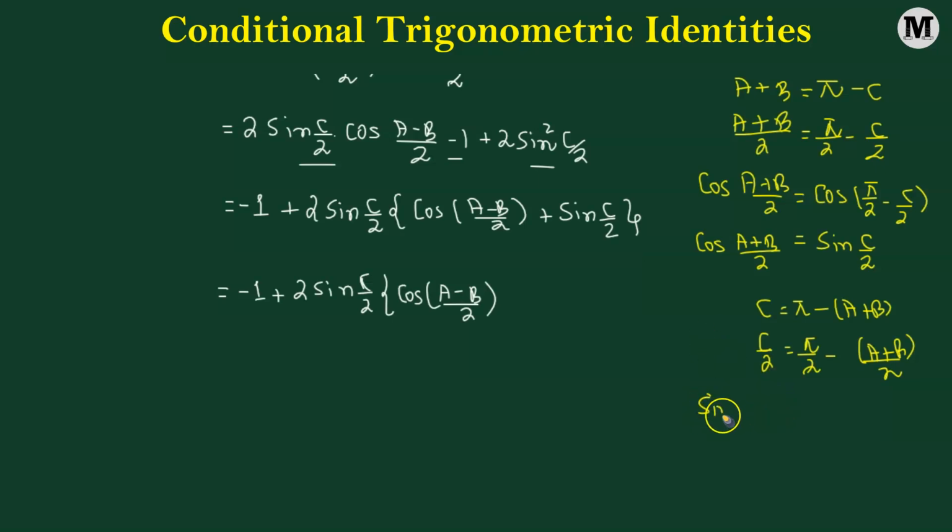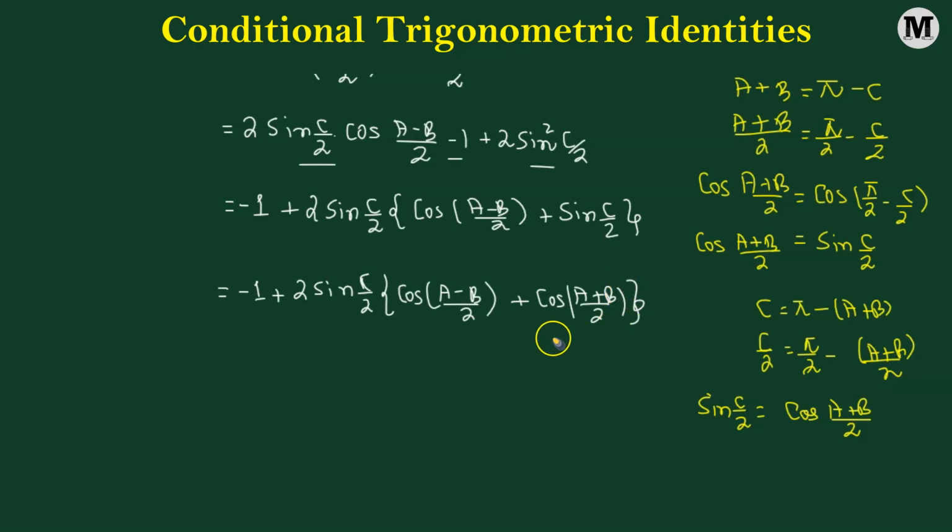So we get sine of C over 2, and on the right hand side, we have sine of (pi over 2 minus (A plus B) over 2). That's simply going to become cosine of the angle (A plus B) over 2. So in place of sine C over 2, we're going to replace it with positive cosine of the angle (A plus B) over 2.